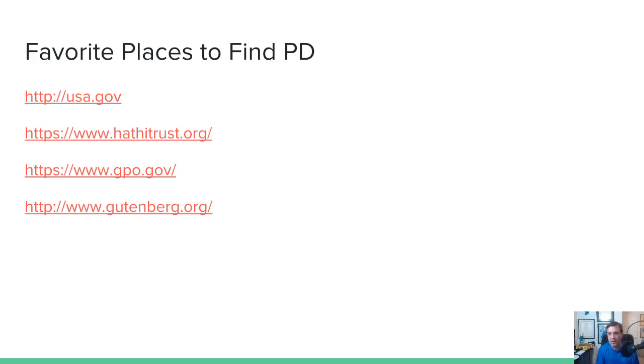All right. The other one I want to let you know about here is Gutenberg.org. It's been around for a long, long time, and it has a lot of the classic books and whatnot. So again, I wanted you to know that that's a pretty cool resource.